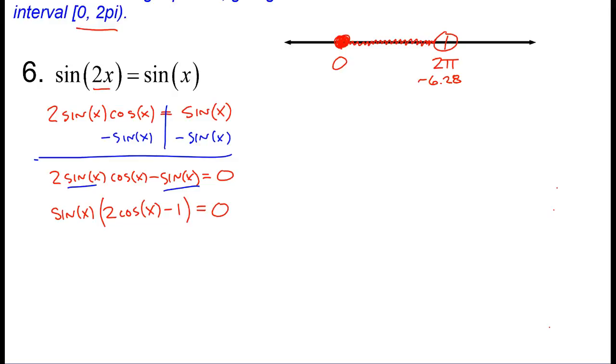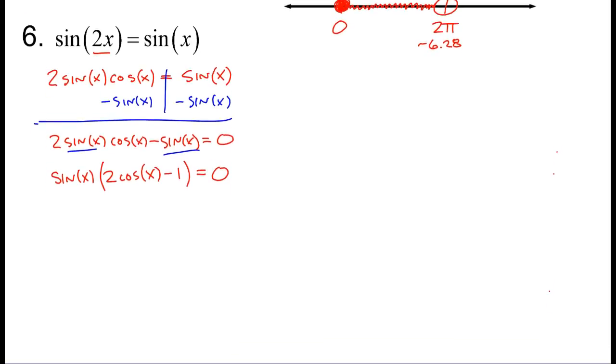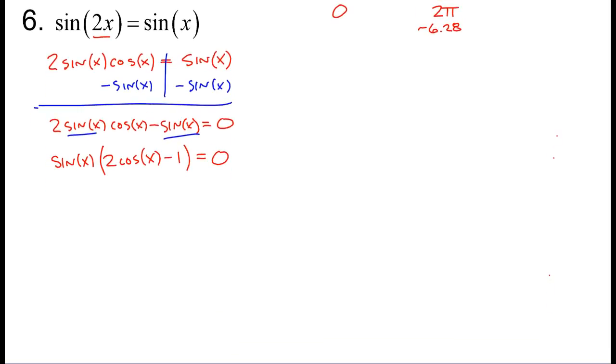So again, I hope this is jumping off the page at you right now. What we have here is a product, sine x times this other factor, that equals 0. And anytime we have a product that equals 0, we should be thinking zero product property. So if this factor is 0, then we have a solution.